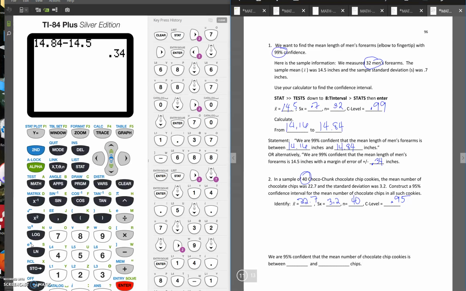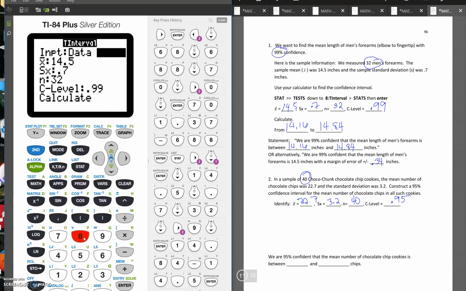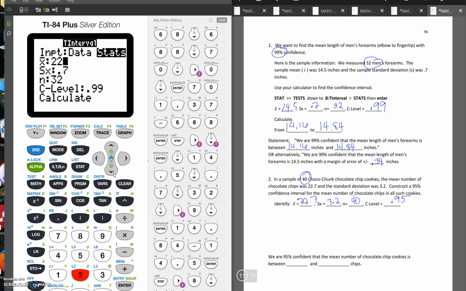So again, this is going to be a T interval. So we're going to go Stat, over to Tests, choose number 8. So we're going to put this information in.